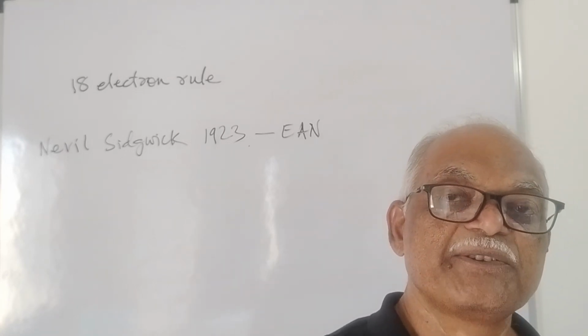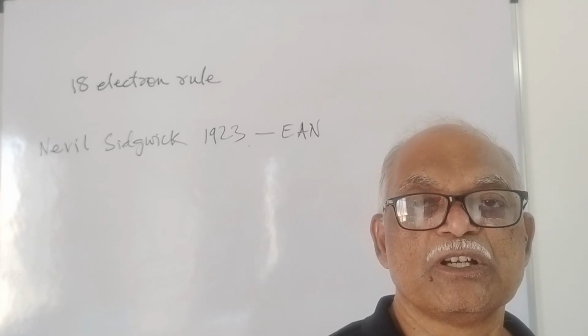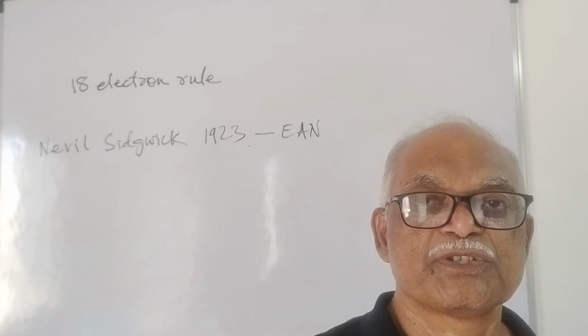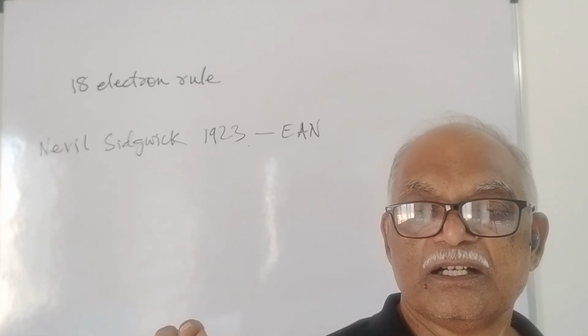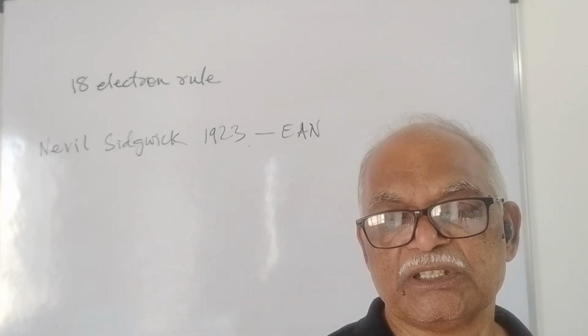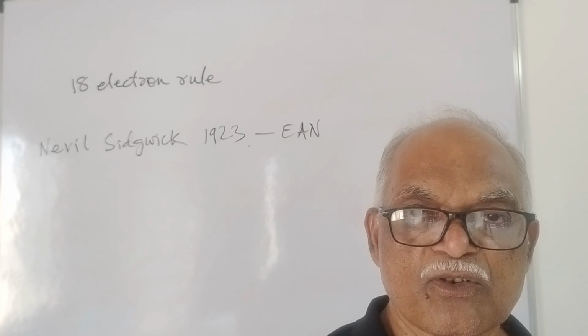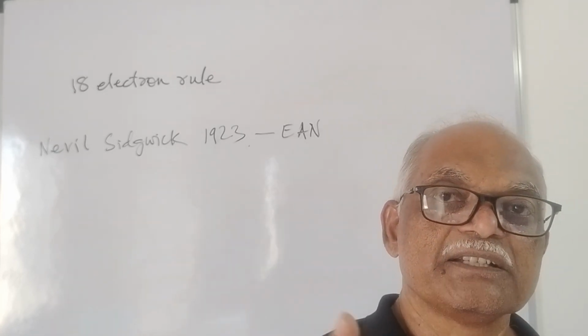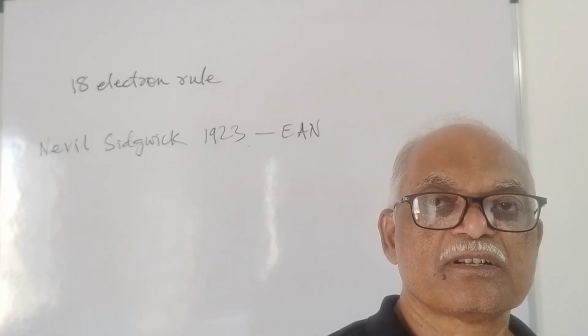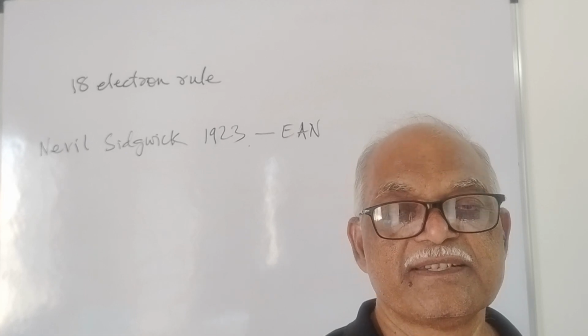If the effective atomic number of a given compound or complex comes out equivalent to the nearest inert gas configuration, then the complex or compound is said to be very stable.